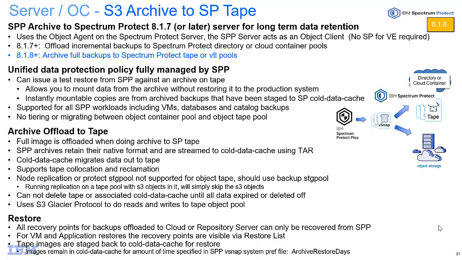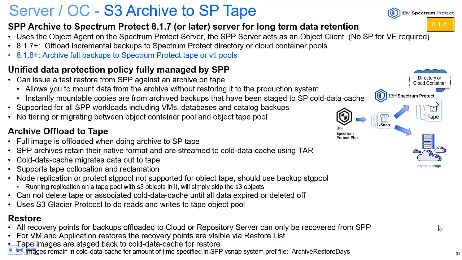Now, in the case of an archive to tape, we will actually stage that data back into a cold data cache inside of Spectrum Protect, and then Spectrum Protect Plus can do things like utilize the instantly mountable copies and do its tests or its restores.